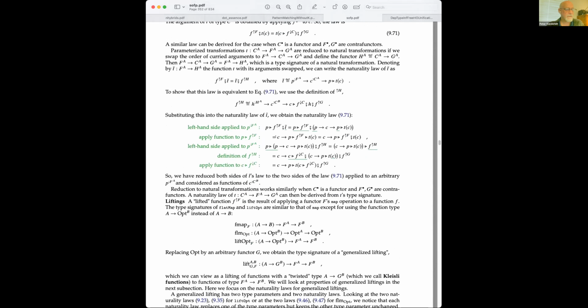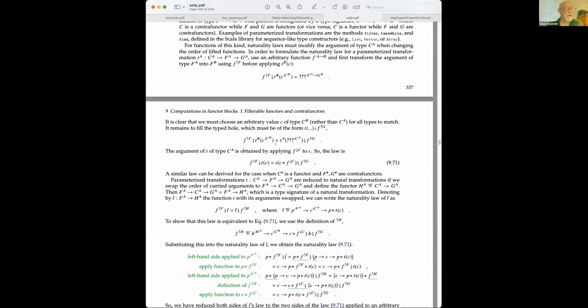Oh, here it is. You can create a functor H from C of A to G of A, and it's like currying.